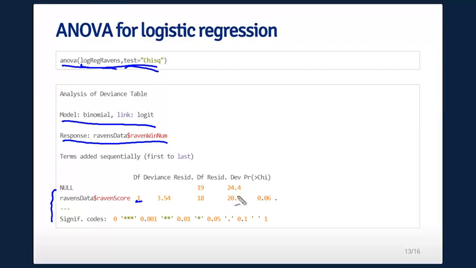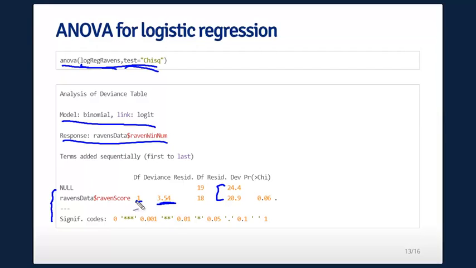So the residual deviance, if subtracted, is going to give you the deviance. If you subtract those two numbers, that's going to give you that value. That's how you compare deviances: you take a smaller model and subtract from it a larger model.